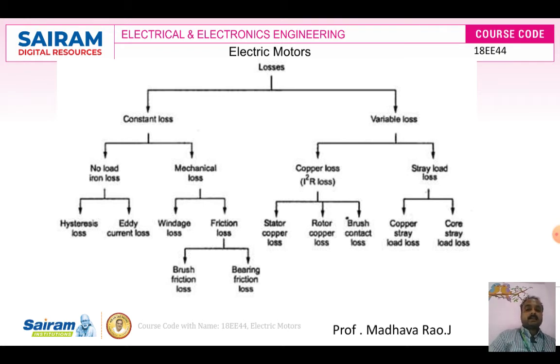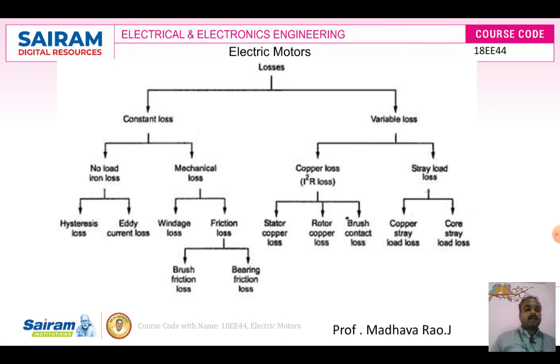Again, constant losses are classified into no load iron losses and mechanical losses. No load iron losses are again classified into hysteresis and eddy current losses. These two losses occur due to alternating flux inside the core of the DC machine.